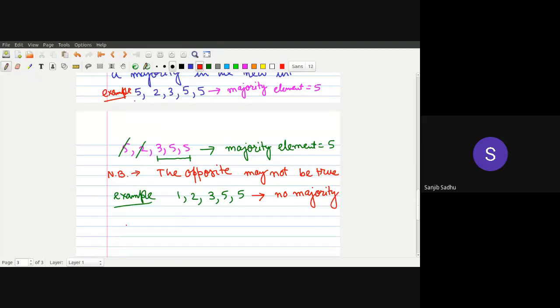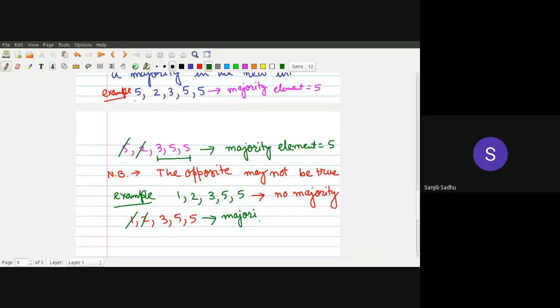Fine. Cut the first two numbers, they are not equal. I am removing them. Does there exist a majority here in the new list? Yes, sir. So you see, there is no majority originally, but if you delete the two elements, I may get a majority which is false.